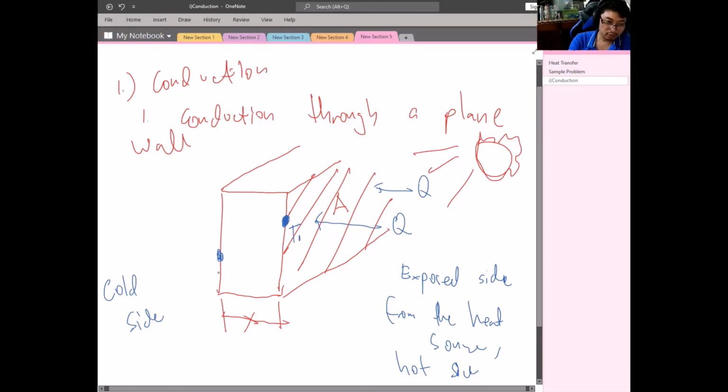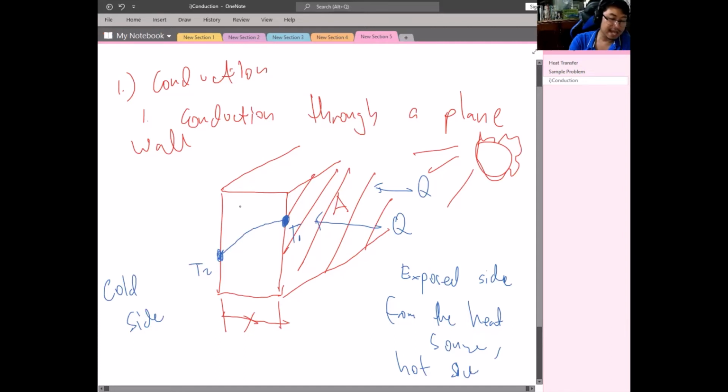So in cold side, T2, so mas mababa ang temperature, no? So kaya nandito siya sa baba ng ating wall. So mapapansin mo, the heat travels through the thickness of wall. So pababa yung heat natin. Okay, and the heat is being absorbed by this wall.